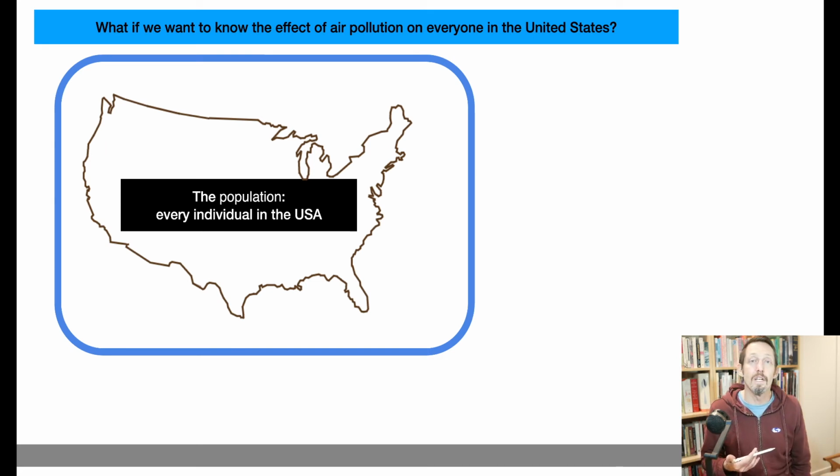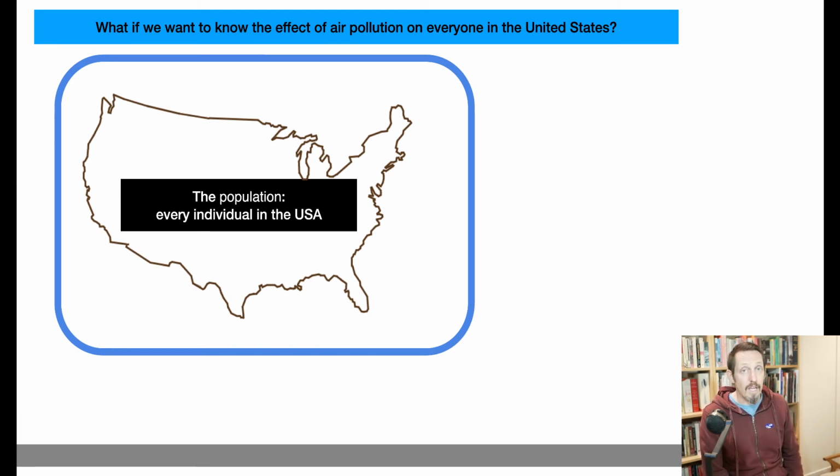So let's try to look at this from the standpoint of sample and population. What is the population in this question, right? What are we trying to understand? We're trying to understand how air pollution affects Americans, right? Every single one of us.